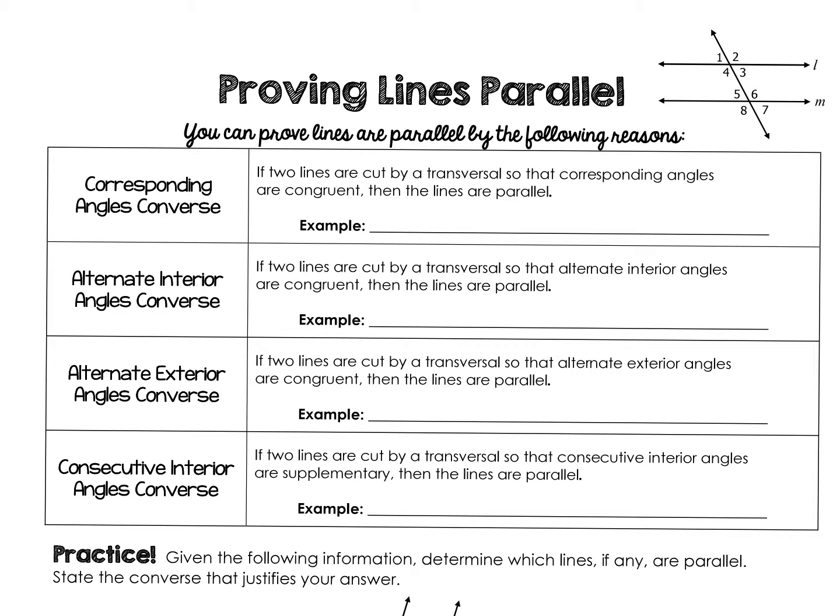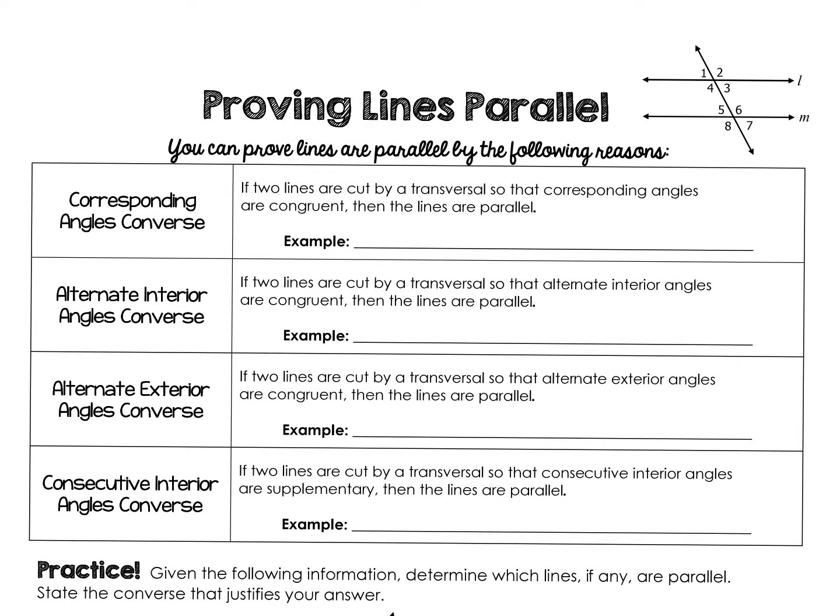So the first example, using this diagram up here, we would say if angle 1 is congruent to angle 5, then line L is parallel to line M.